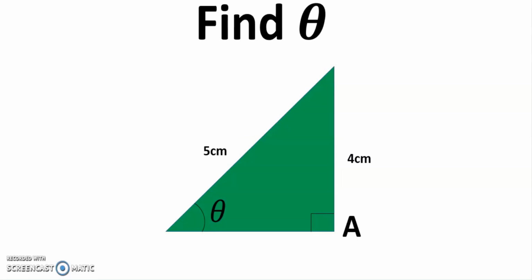Remember, the angle under consideration here is theta. So our opposite will be where angle theta is facing. Where angle theta is facing is called our opposite. Please take note of this.